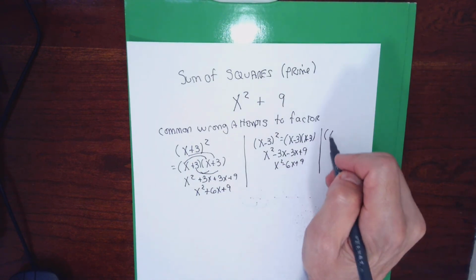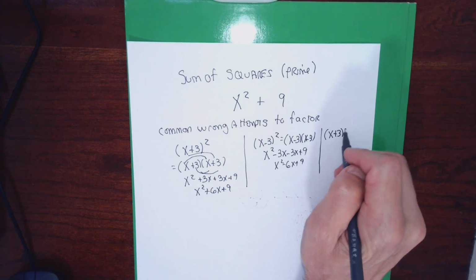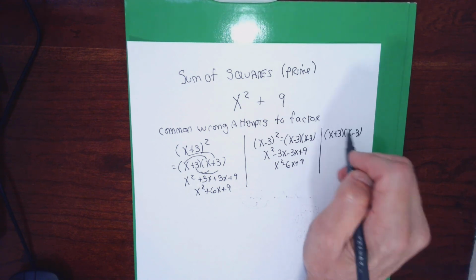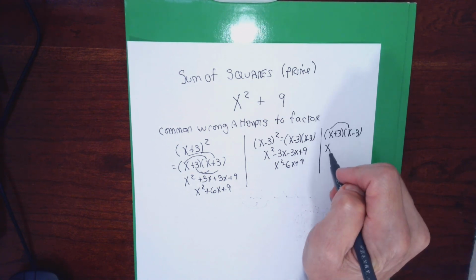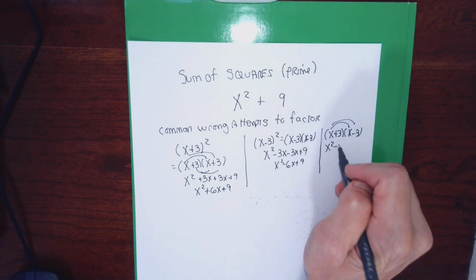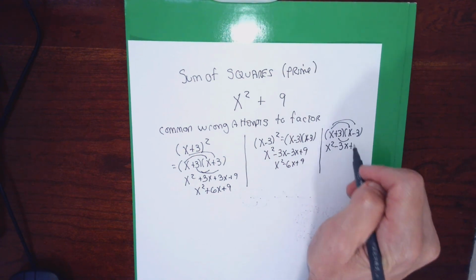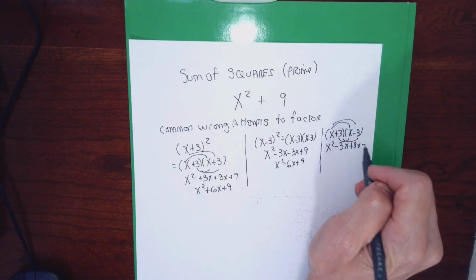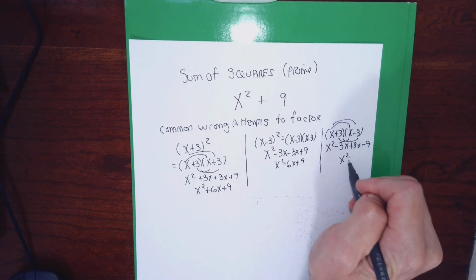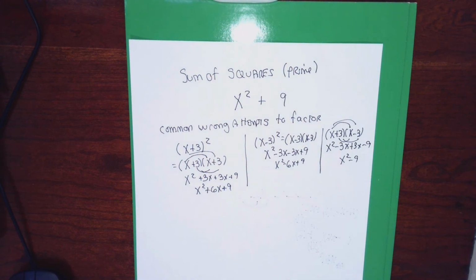Some students will write this: firsts are x times x, x squared, outers x times minus 3, inners plus 3 times x, lasts 3 times 3 get minus 9. And that doesn't match up because it has a sign issue.